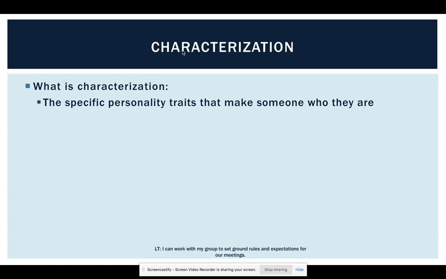Characterization does not include emotions. So we can't use things like sad, angry, upset, none of that. And we also don't want to use words that are not specific. So we don't want to use words like weird, crazy, anything like that, because that's not really telling us anything, because they're really dependent on what you think those words mean. So we're not going to use those.